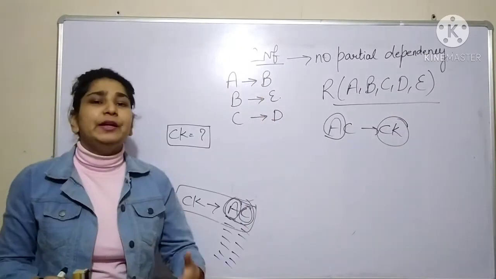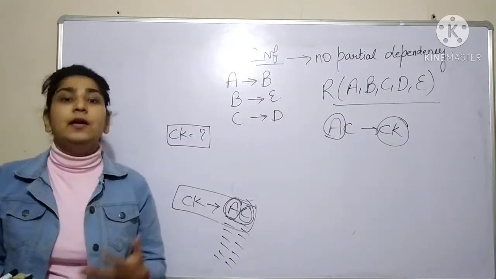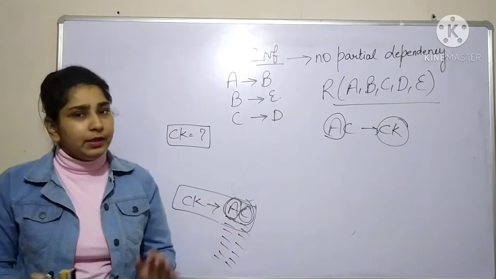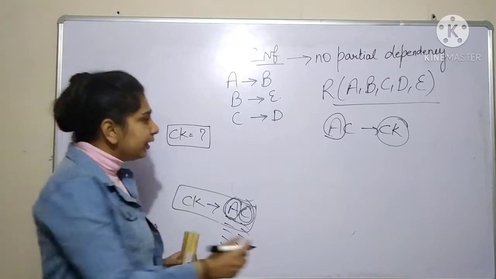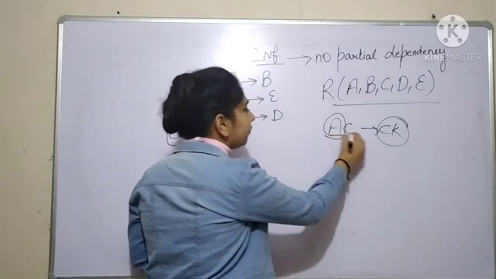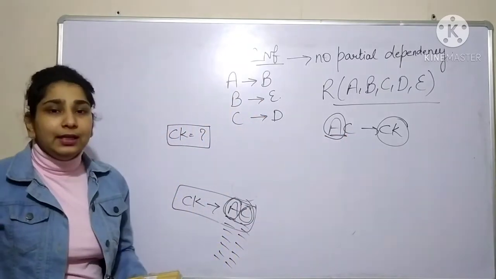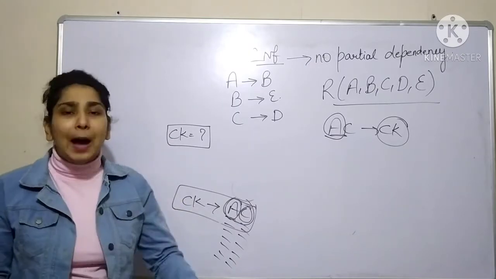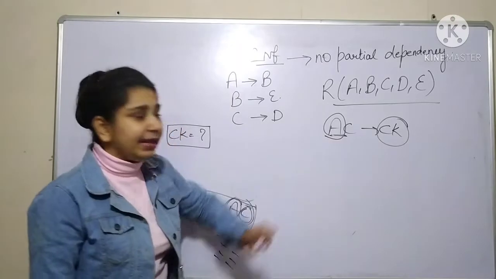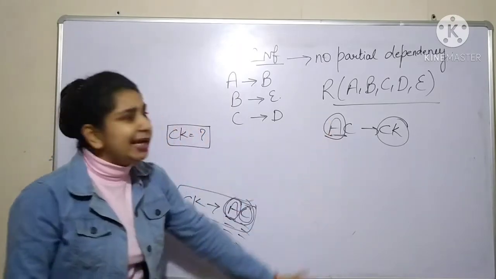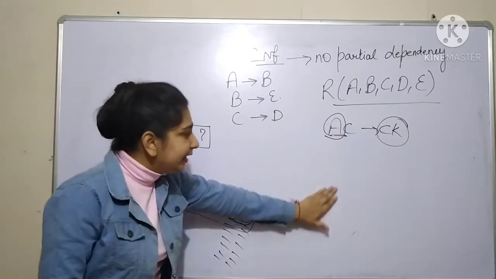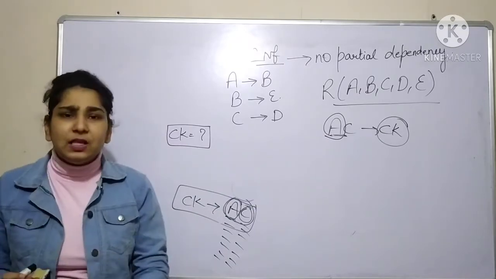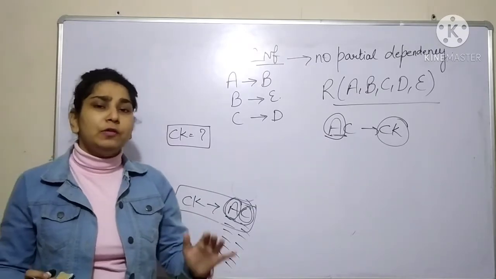If you look at a part of this key, A, there are a lot of duplicated values present in attribute A alone. And what is the purpose of studying all the normal forms?